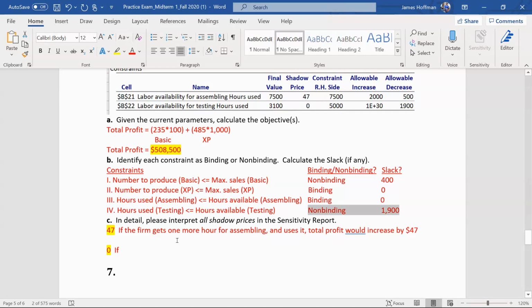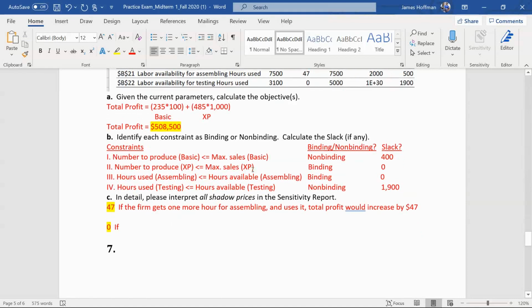Okay, that make sense? So you can interpret that as such, saying that this additional testing hour is not going to do much for the firm.